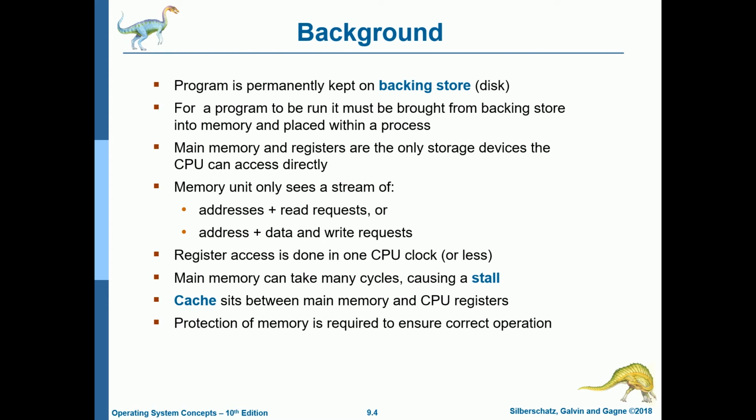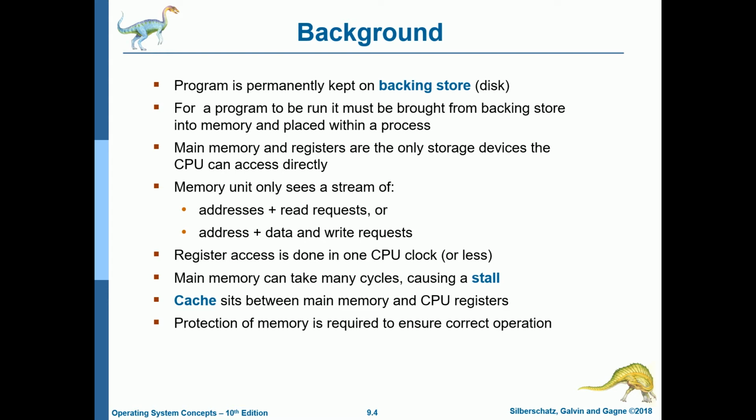Registers that are built into each CPU core are generally accessible within one cycle of the CPU clock. Some CPU cores can decode instructions and perform simple operations on the register contents at the rate of one or more operations per clock tick.